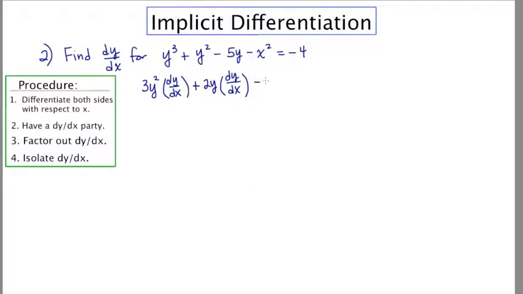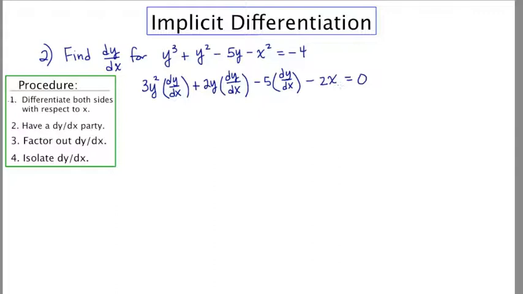Third term, minus 5 dy dx. Fourth term, now notice we're differentiating with respect to x, and this is purely an x, so this is just going to be old school. We don't need a dy dx there. And then this constant, the derivative of a constant, is just 0.